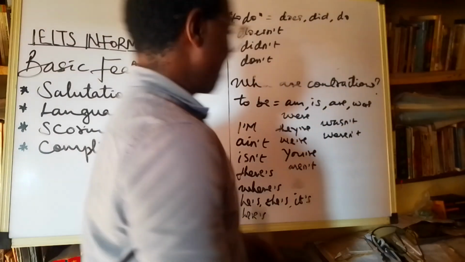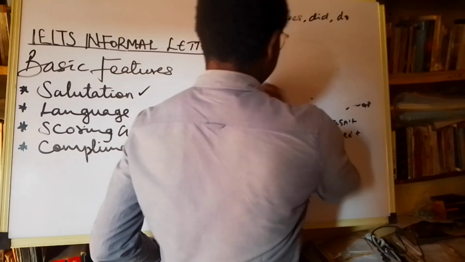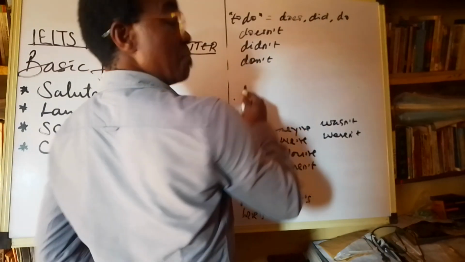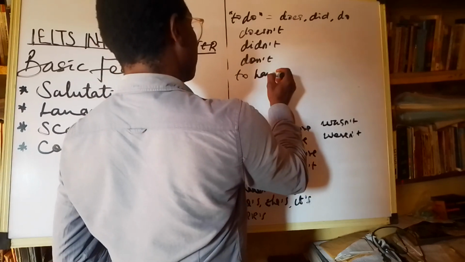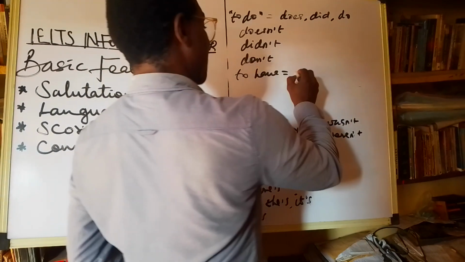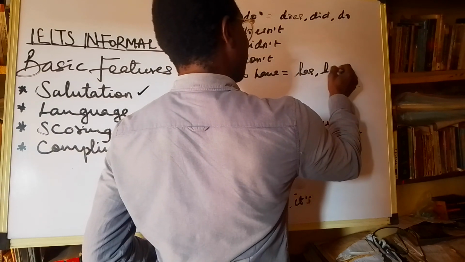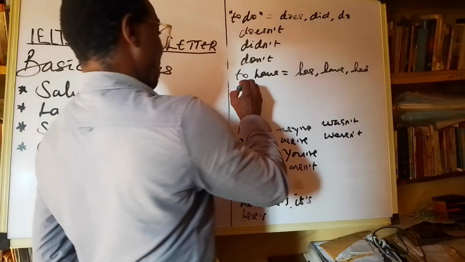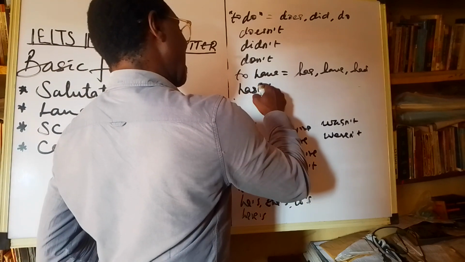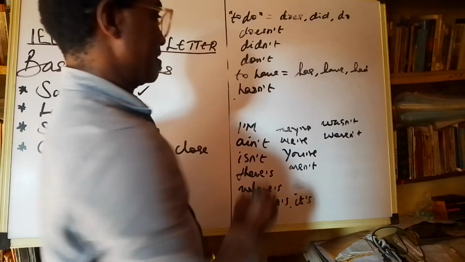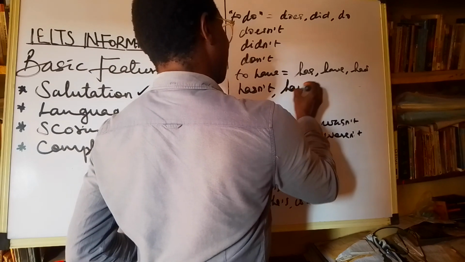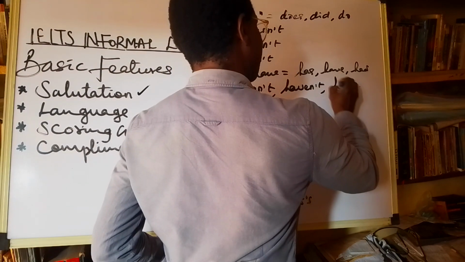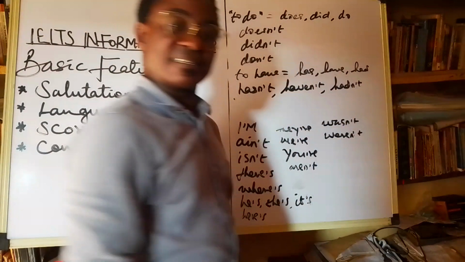And contractions that are derived from the auxiliary verb to have: has, have, and had. So we say hasn't, haven't, hadn't.